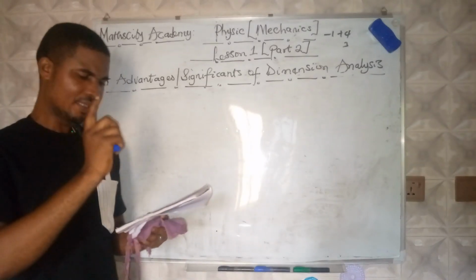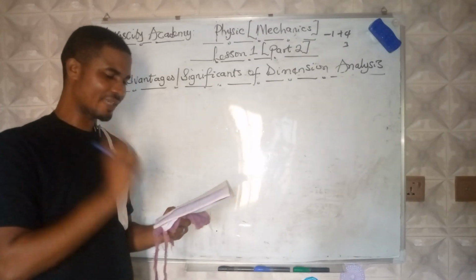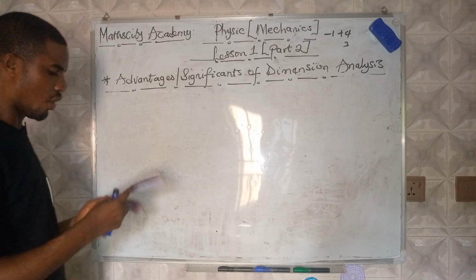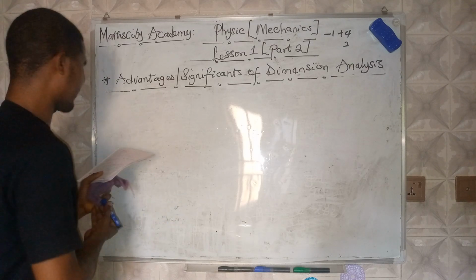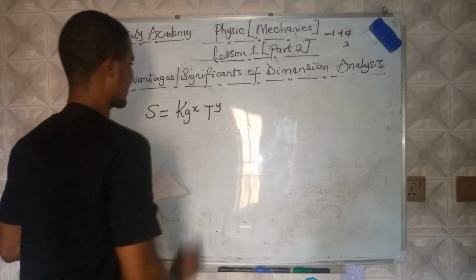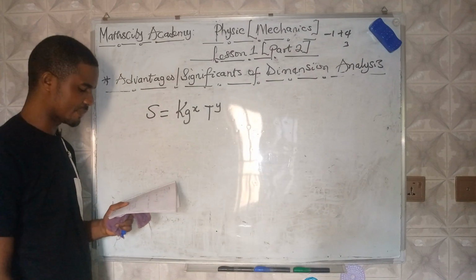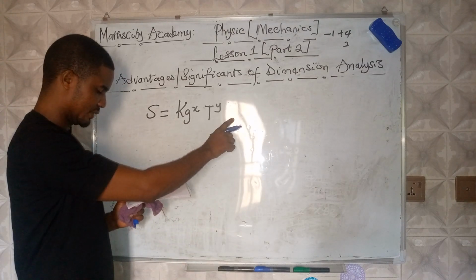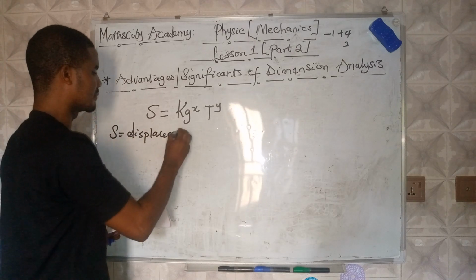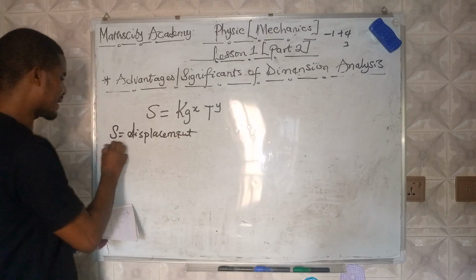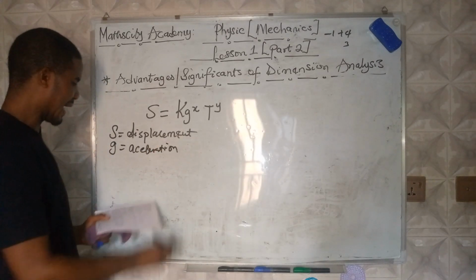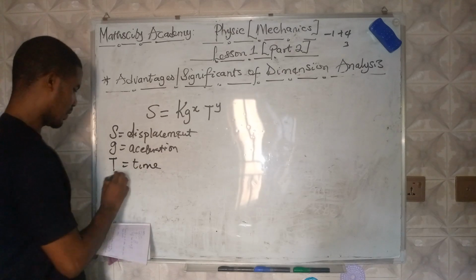Given that the equation of a uniformly accelerating motion is given as S equals K g^x t^y, find the value of x and y, if S is displacement, g is acceleration due to gravity, t is time, and K is a constant.